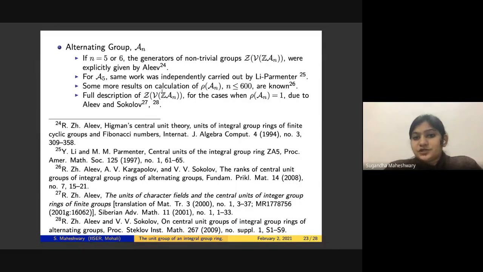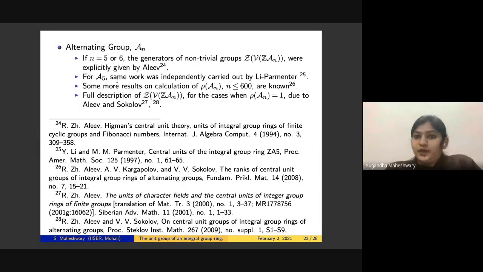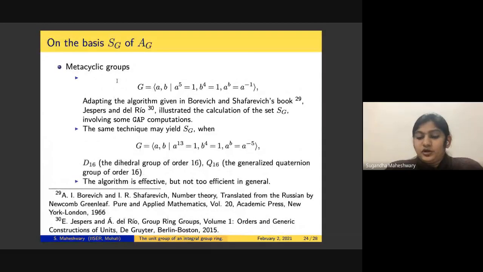And then a full description when rho of A_n is equal to 1 is known; this has been listed earlier also, right? So for A_n, some work has been done where you know the generators explicitly, not just the rank. The method of Young tableaux also comes into the picture. In fact, that has a very prominent role to play when we talk about alternating groups.